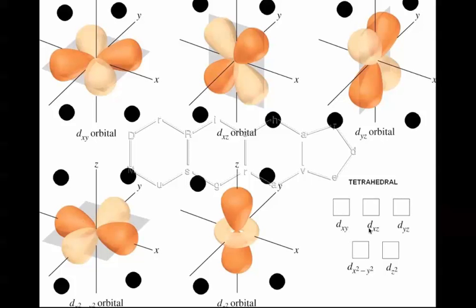So the dxy, dxz, and dyz will be of higher energy because they're interacting with the ligands, and these will be of lower energy because they're not interacting with the ligands. So it's important to differentiate between the octahedral and tetrahedral arrangements because they're going to have different arrangements for their d orbitals. Now remember, this only happens when we attach things to a central metal.